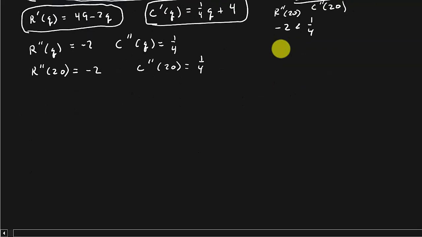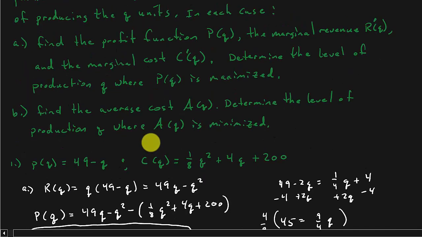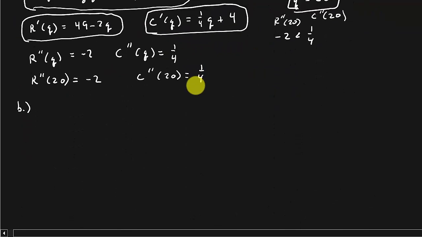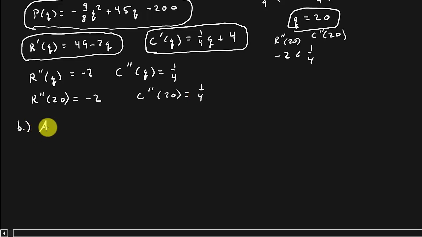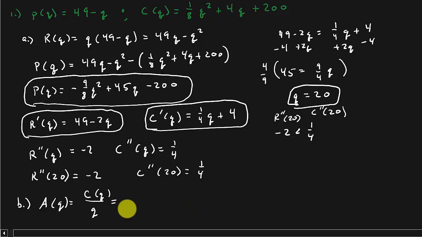Okay. All right, let's look at part B. So part B tells us to find the average cost and then determine the level of production Q where A of Q is minimized. So our average cost, remember that's C of Q over Q. So our cost function is this right here.